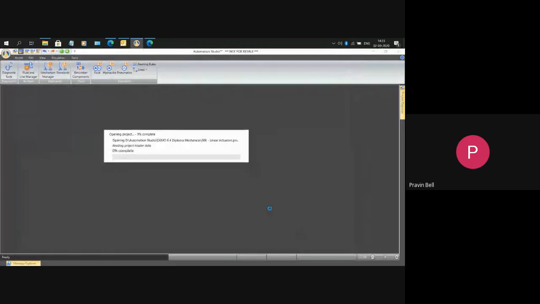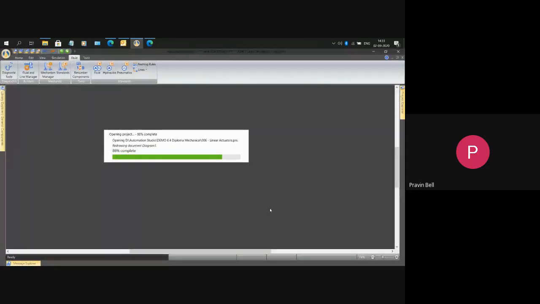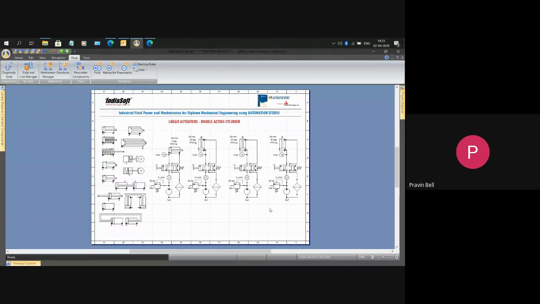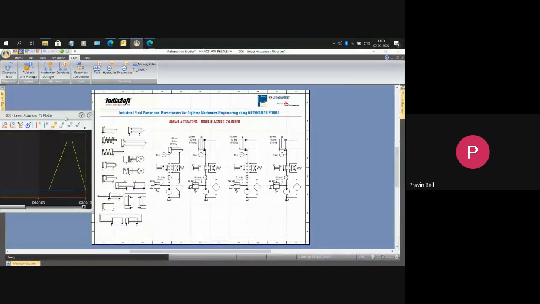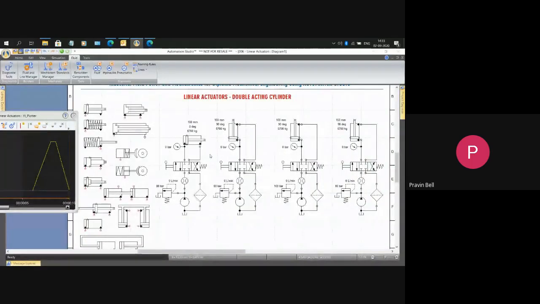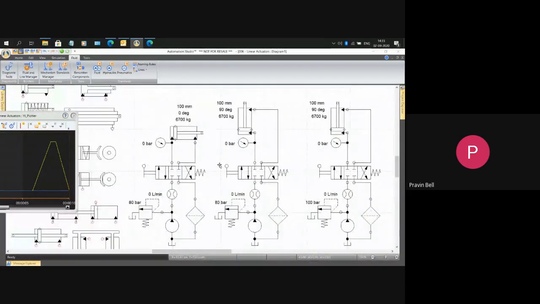Now coming to linear actuators, again a popular practical in all diploma engineering subjects, study of linear actuator. But a lot of teachers do not know how to conduct these particular practicals. What is the statement of the problem and what is the conclusion?